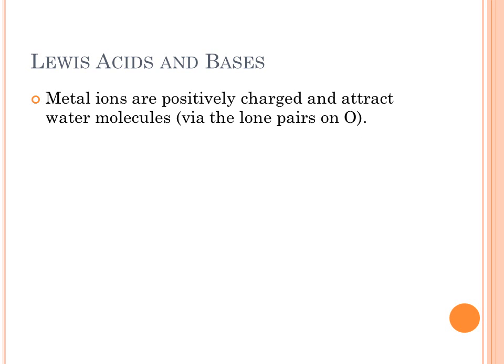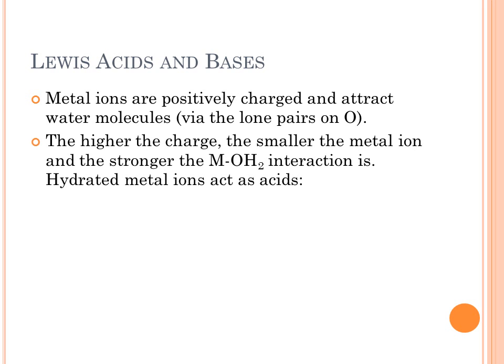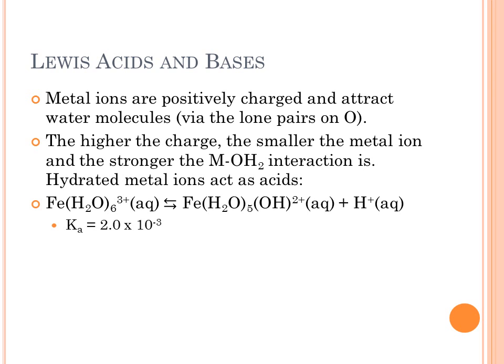Positively charged metal ions attract the non-bonding pairs on the oxygen atoms in the waters. And so we get that metal-water interaction that can be rather strong, and it creates an acidic solution, where each metal will hydrate with a different number of waters. In the case of this iron plus 3, it's 6.